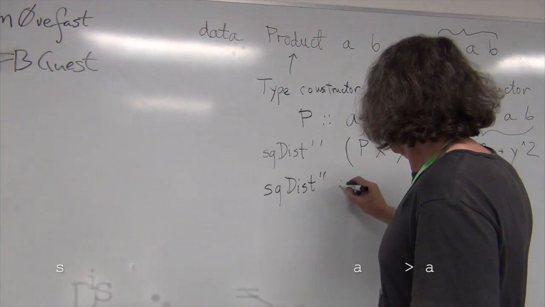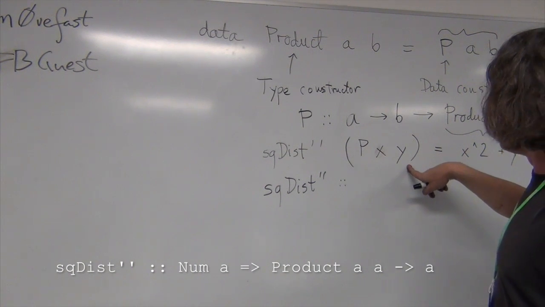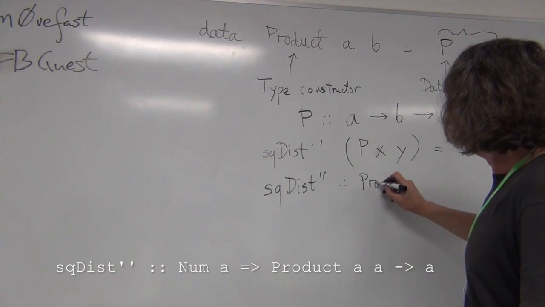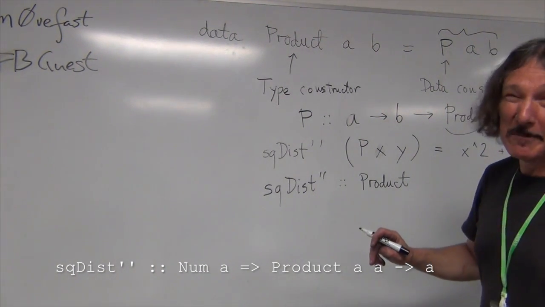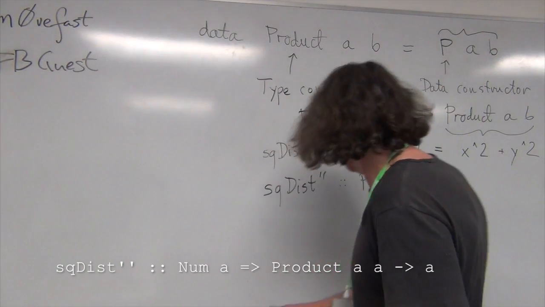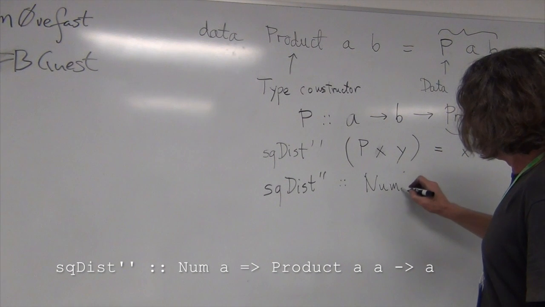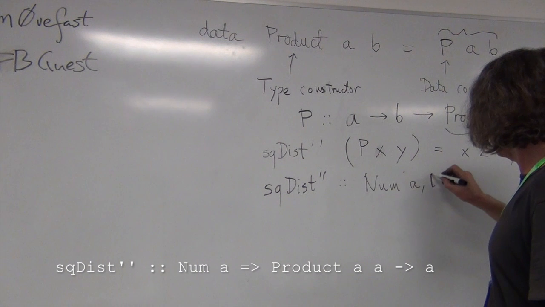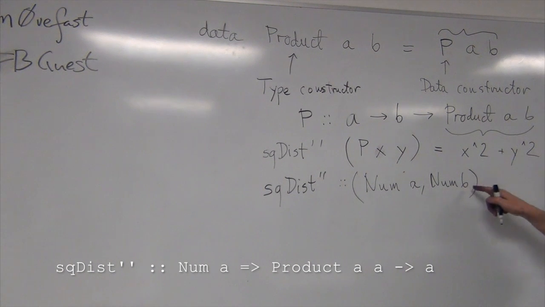Now what's the type of square dist prime? Okay, the type is, what does it take as an argument? What's the type of the argument? It's a product of num, right? Okay, so I have to be more specific. So I have to say Num A and Num B. So both A and B are of the class num, right?